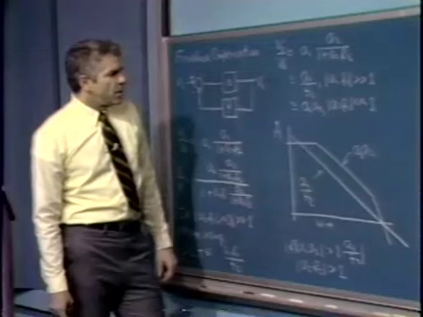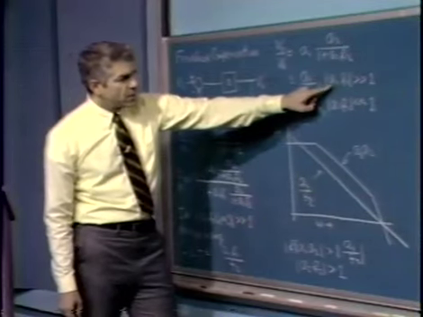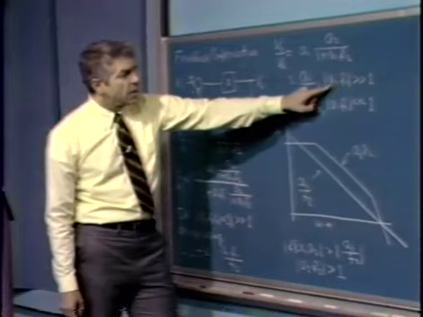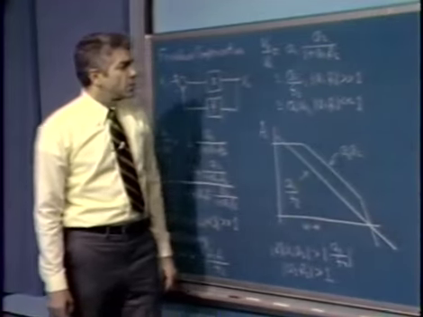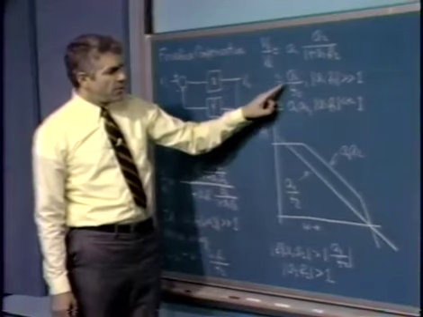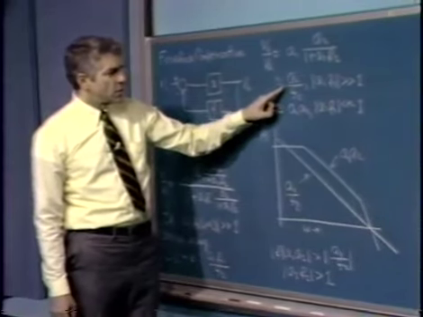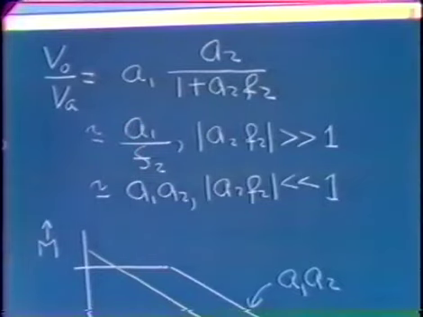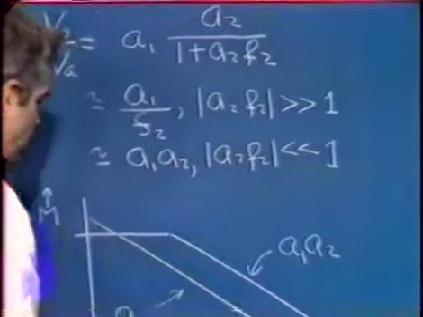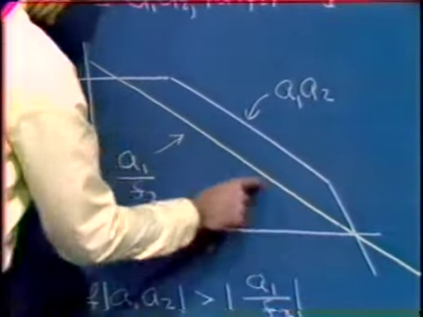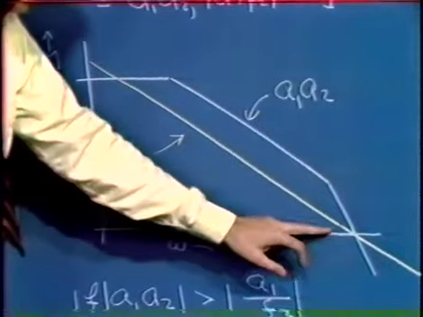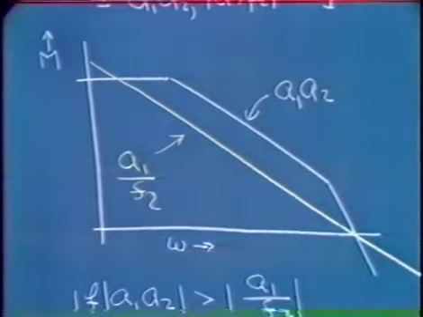And if we look above, we find that at frequencies where that condition is satisfied, in particular where A2, F2 is much, much larger than 1, an approximation to the forward path of our system is simply A1 over F2. So that says that in this frequency range, we should use this line as an approximation to the forward path transfer function of our overall system.